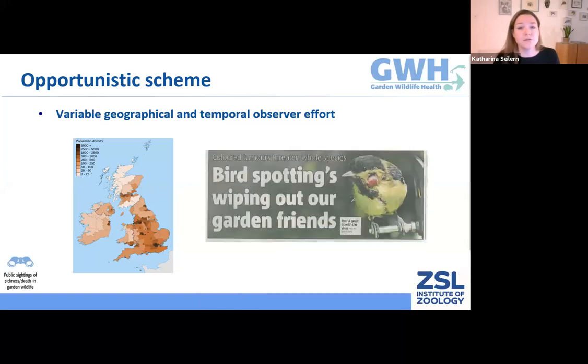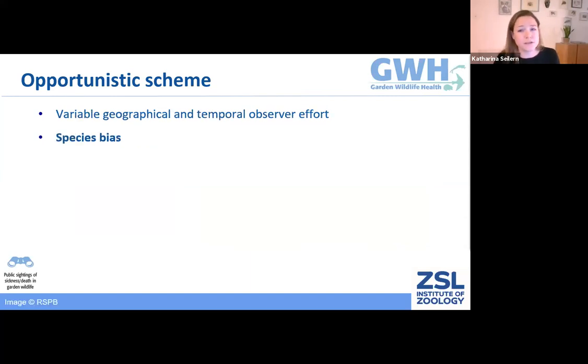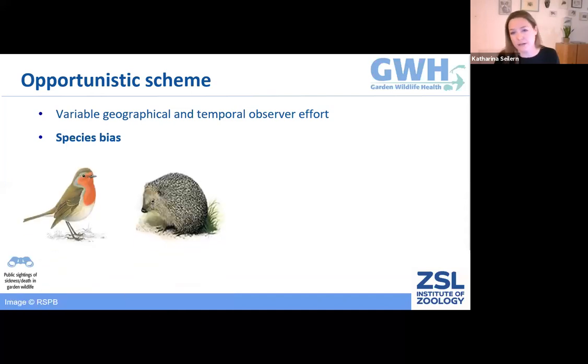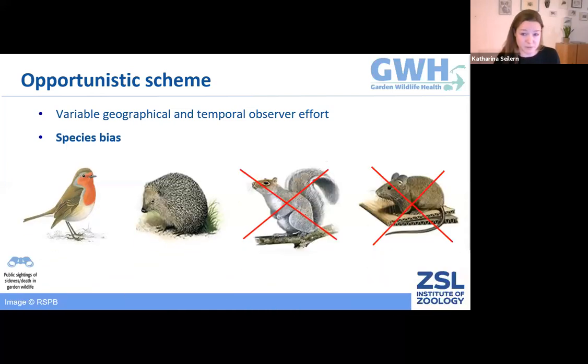There's also bias towards certain conditions that might have just received a lot of press coverage, as people will suddenly be much more aware of a certain condition and what it looks like, or will even try to actively spot it in their gardens, like, for example, avian poxvirus infection here in this article, which can cause these typical tumor-like growths, especially in tit species, and is therefore very easily spotted. There's also often species bias, meaning that more charismatic species are more likely to get reported than less popular species.